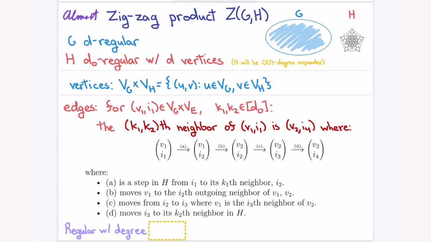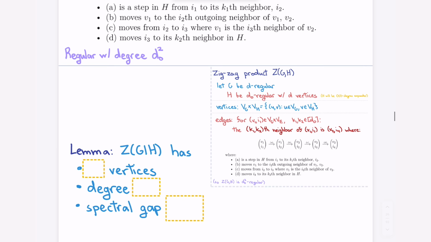So you end up doing d0 squared choices. All right, good. So the degree is going to be d0 squared. I think if you contemplate it, you'll find that it's undirected. Does anyone have a one sentence way to see this? Because I don't. Well, okay. Anyway, we'll just keep going.